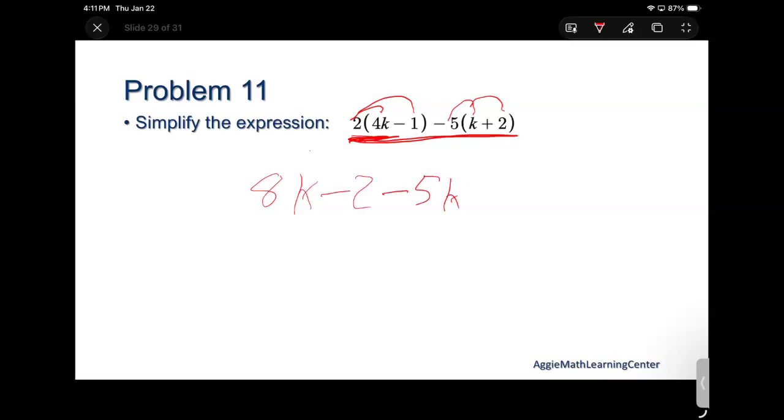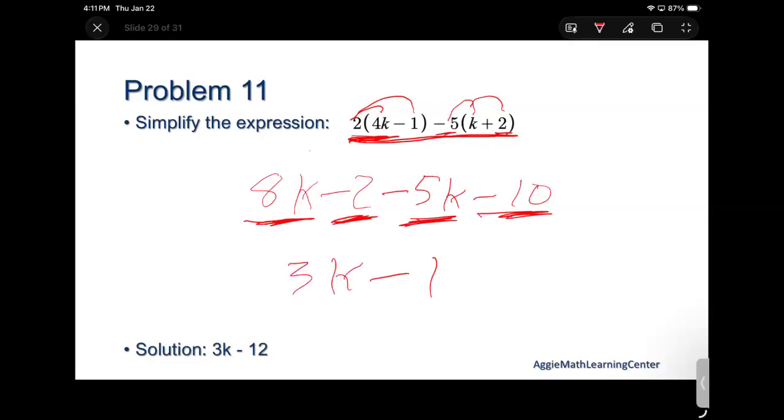And then negative 5 times 2. Negative 10. Okay, now we can combine like terms. We can't combine an 8k and a negative 2. Those are different things. But we can combine 8k and negative 5k. What is 8k minus 5k? 3k. And then what's negative 2 minus 10?